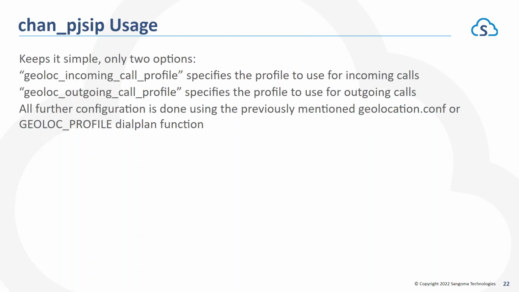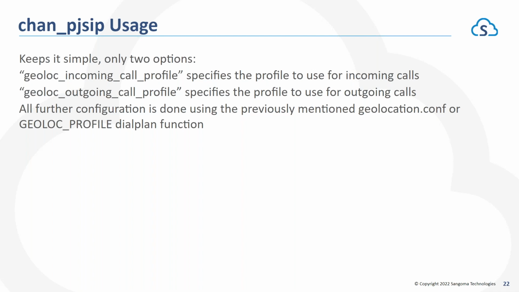Chan_pjsip usage is relatively simple and easy. We have one option called geolocation incoming call profile. Geolocation, of course, means geolocation. It specifies the profile to use for incoming calls. In this case, incoming calls means a call from the endpoint to Asterisk.